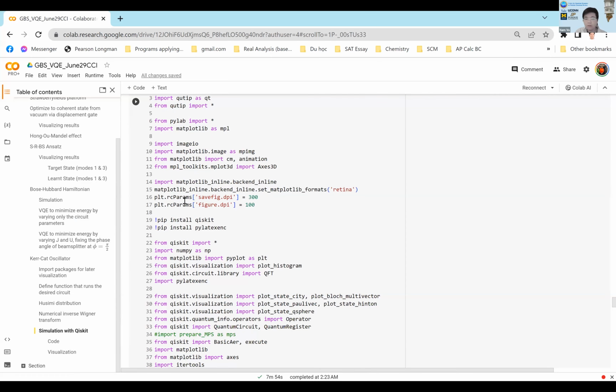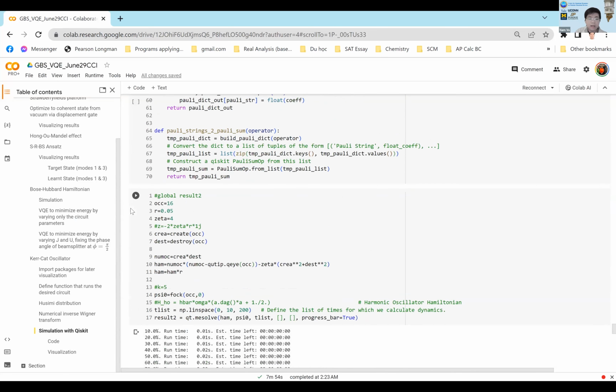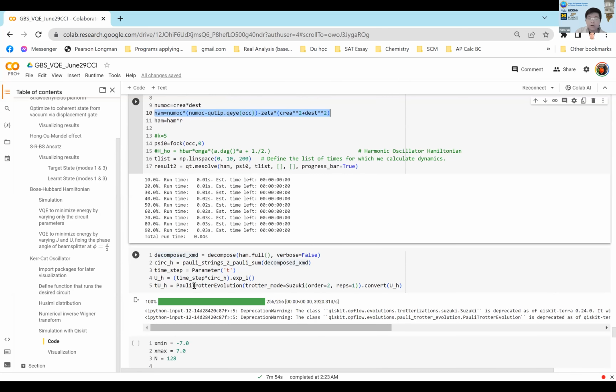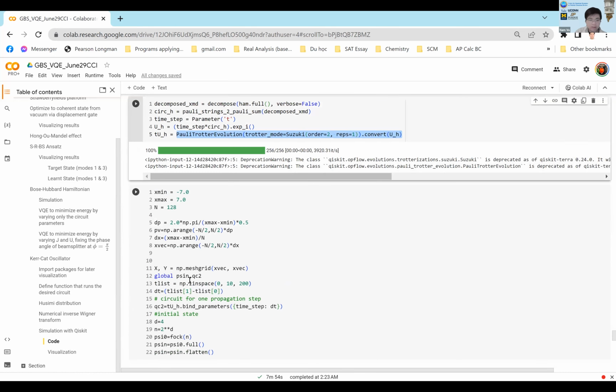The reason why I use QuTiP was because I want to construct the Hamiltonian, as you can see here, with this code over here. So I can construct the Hamiltonian with QuTiP, and then I pass this Hamiltonian through the trotterization, and pass the parameters onto Qiskit.